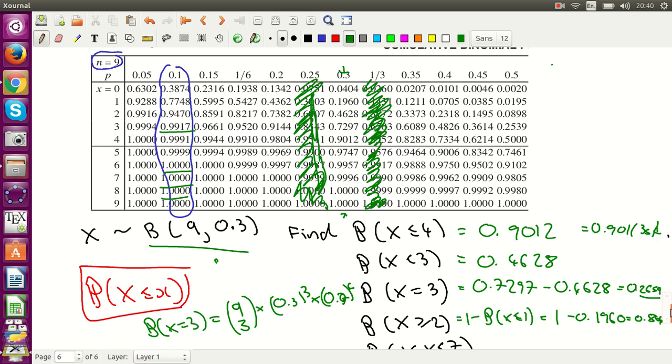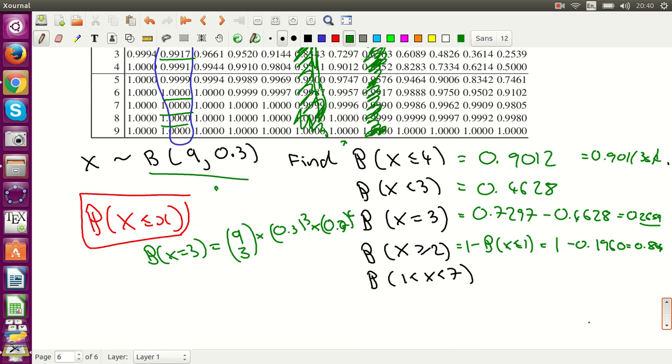That's 0.804. And the final one, the probability that x lies between 1 and 7 strictly, the way I'd calculate that is the probability that x is less than or equal to 6, take away the probability that x is less than or equal to 1. So that means you want 2, 3, 4, 5 and 6 to count, so you count the probability of 6 or less, and then subtract 1 or less. You can read both of those off from the table.